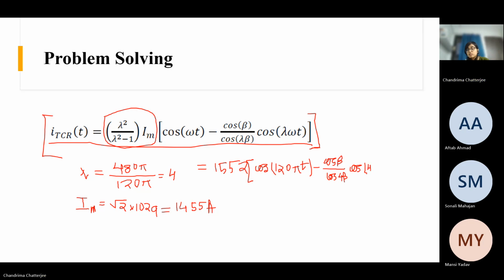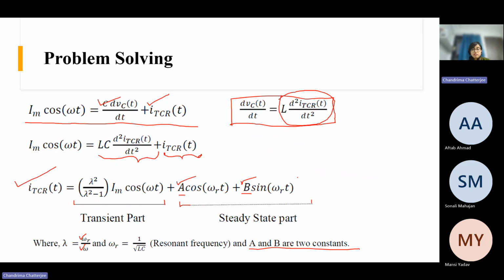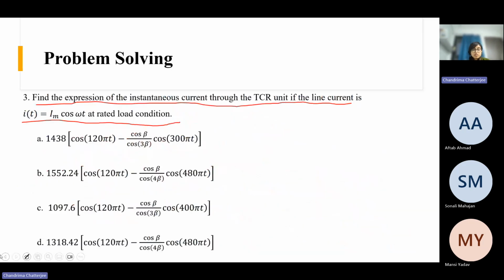So this is 480 pi t. This is the whole expression. So the correct option is option B. This is the correct option.